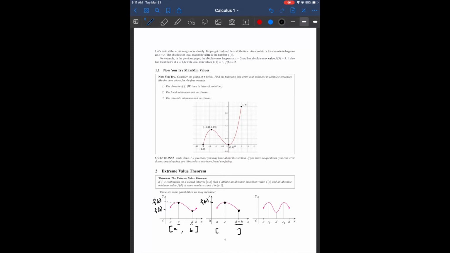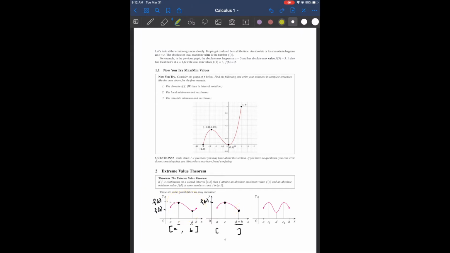So it's possible that your absolute maximum or minimum comes not from being inside of the interval like it was here, but from somewhere on the endpoints. We saw this come up in one of the previous examples. So here the absolute minimum is attained at one of the endpoints of the closed interval.